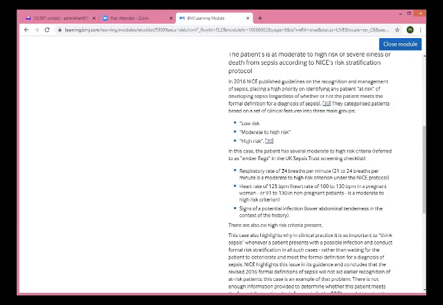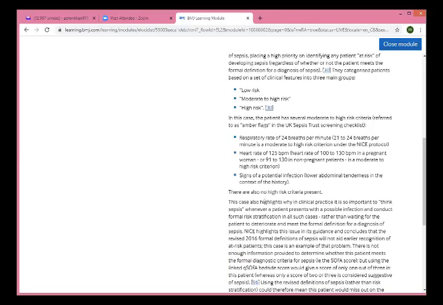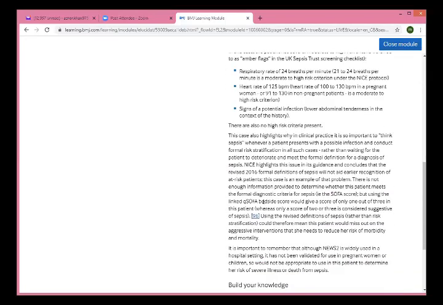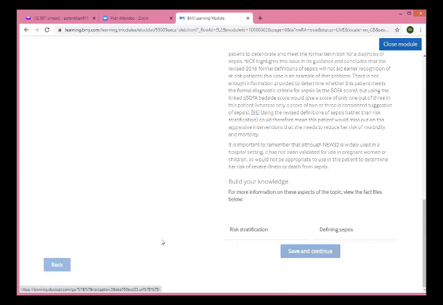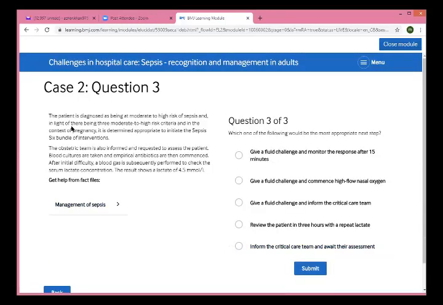Respiratory rate was 24, heart rate was high. Moderate risk criteria is 90 to 100 to 130. Signs of potential infection. There are also no high risk criteria present. The patient is diagnosed as having moderate to high risk sepsis.